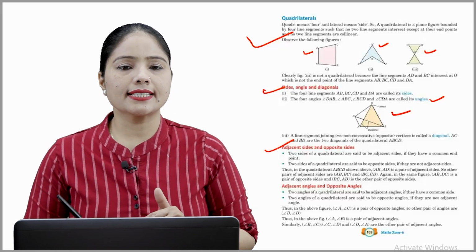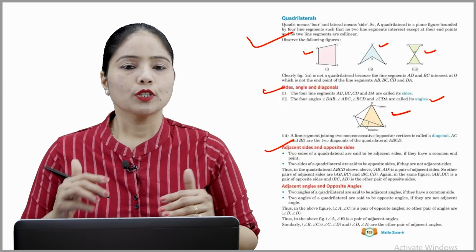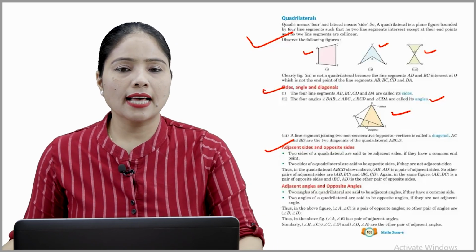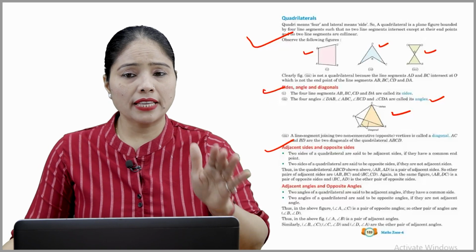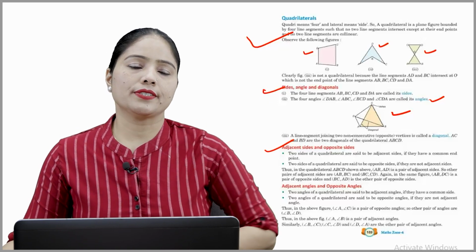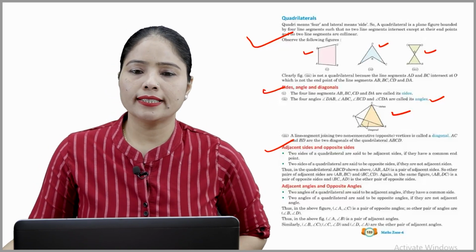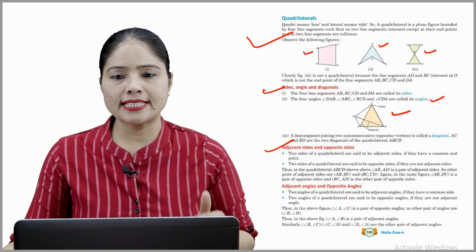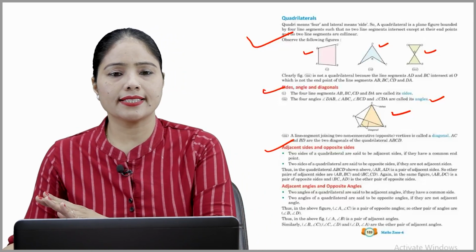Adjacent sides and opposite sides. Two sides of a quadrilateral are said to be adjacent sides if they have a common endpoint. Two sides of a quadrilateral are said to be opposite sides if they are not adjacent sides.